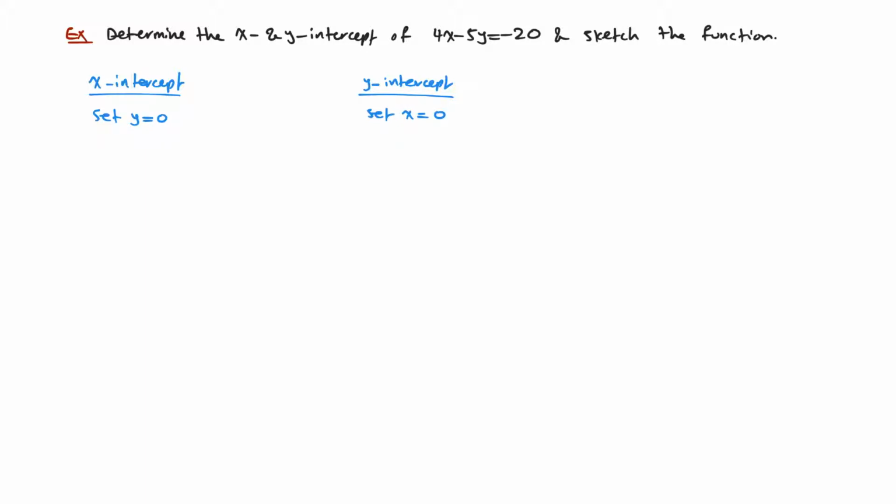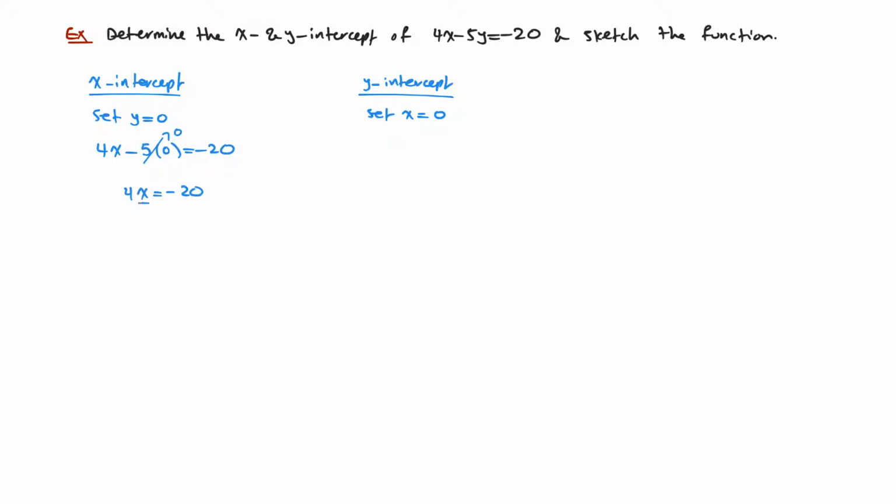So on the first one, our equation is 4x minus 5y is equal to negative 20. So 4x minus 5, instead of our y value, I'm going to put in my y coordinate of 0, is equal to negative 20. Anything times 0 is 0, so this cancels out, and you're left with 4x is equal to negative 20.